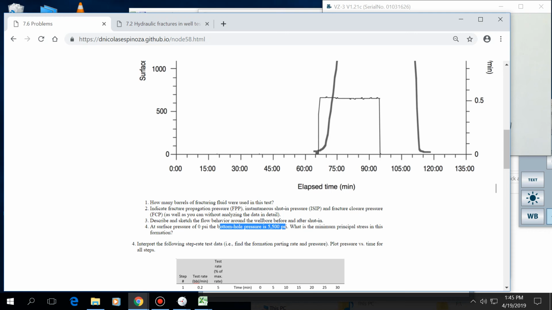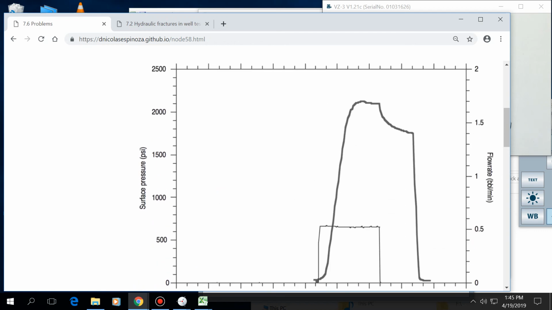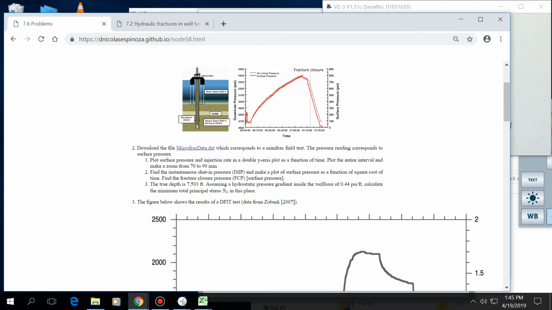So you have the bottom hole pressure, you have the additional surface pressure needed for fracturing, you can calculate the minimum principal stress. Something I wanted to mention, and I didn't, is that notice how in our examples we say that fracture propagation pressure sometimes goes into a constant value, but that's not true.